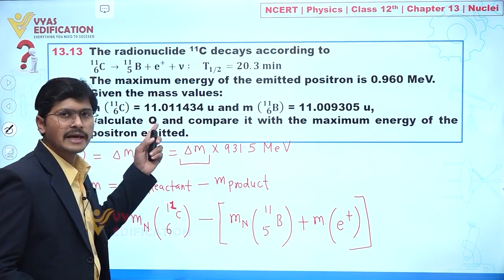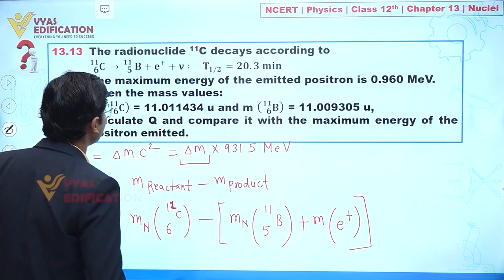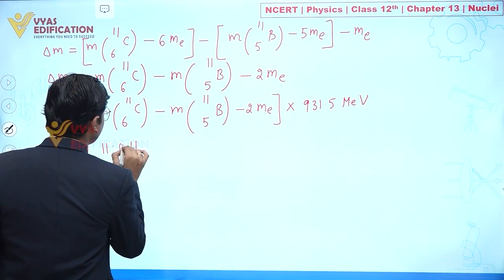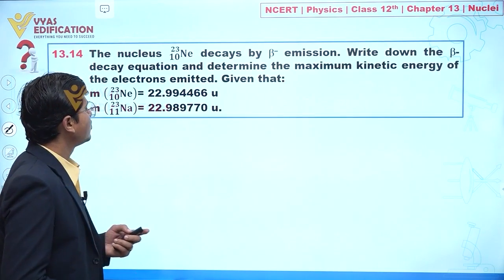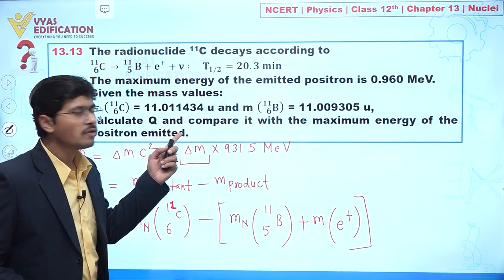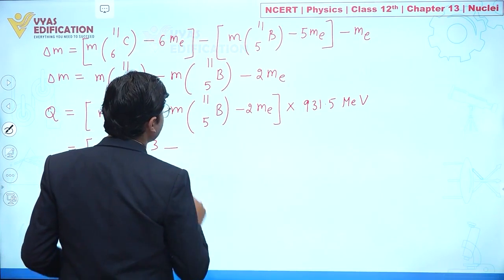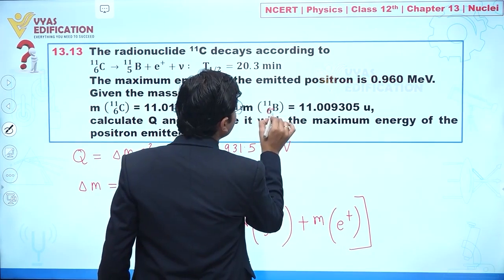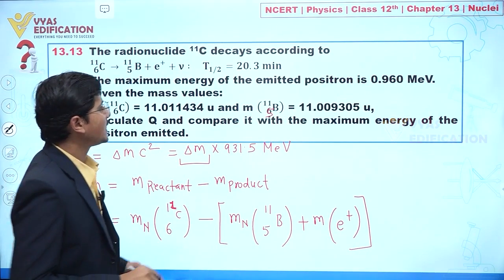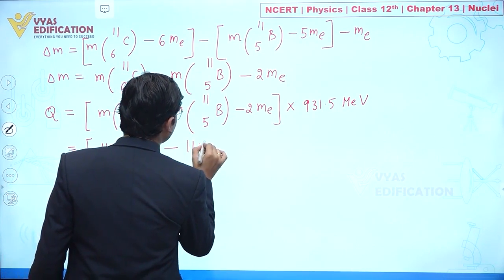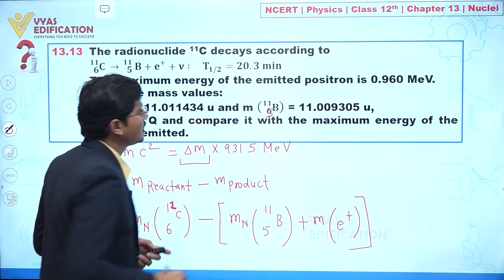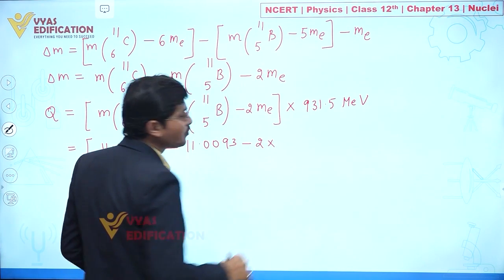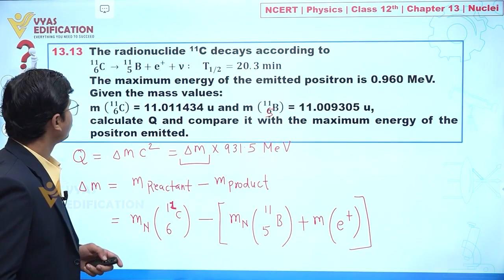So now we can place all the values. First this value we have 11.01143, clear, then minus, actually this one is 5, clear, so 11.0093, clear, and now we can say minus times of 2 multiplied by the mass of electron.